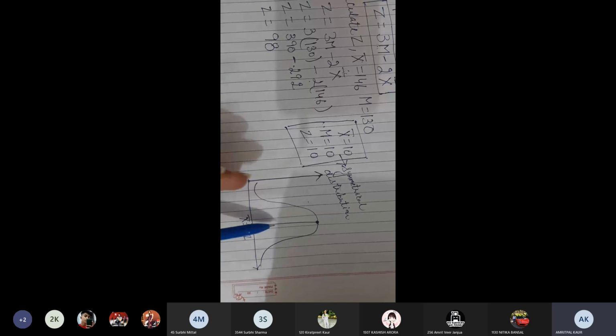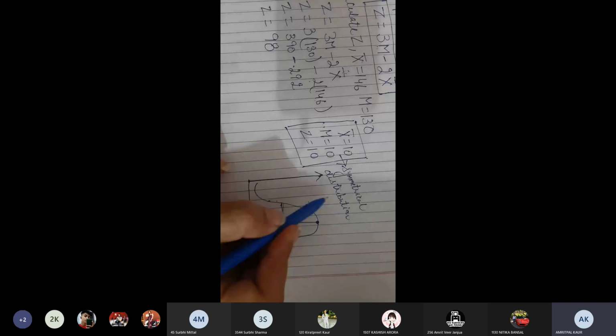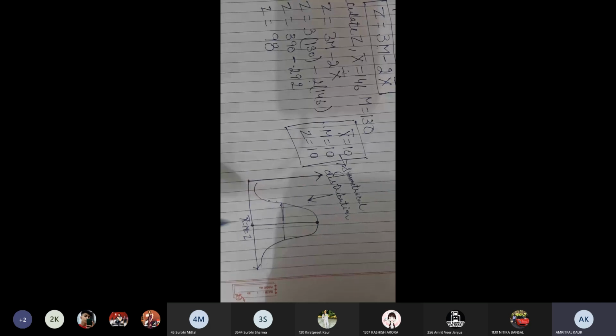And you see the left hand side part and the right hand side part are of similar area. This type of distribution is known as a symmetrical distribution. This is just for 1 mark, you should remember it: a symmetrical distribution is the distribution where the value of mean, median, and mode is equal to each other.